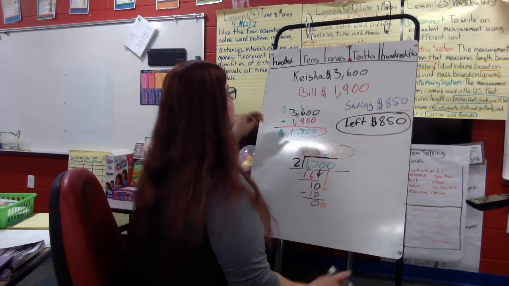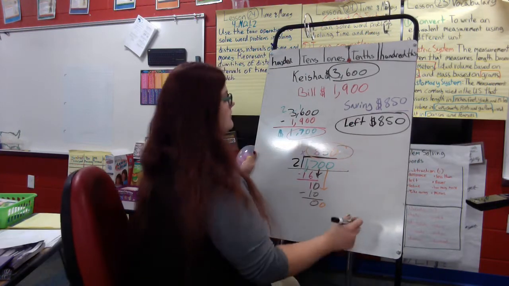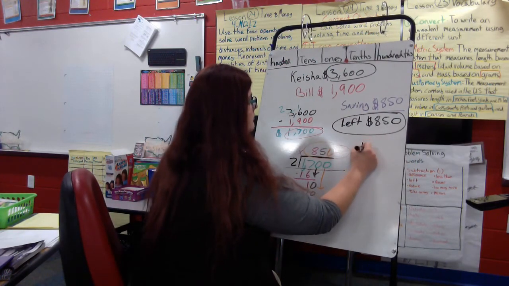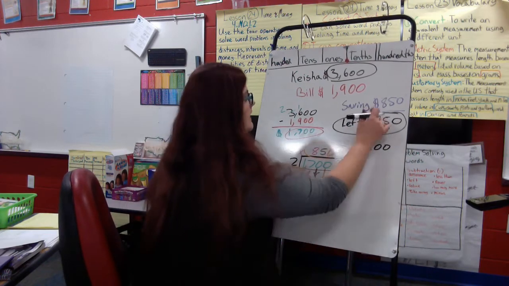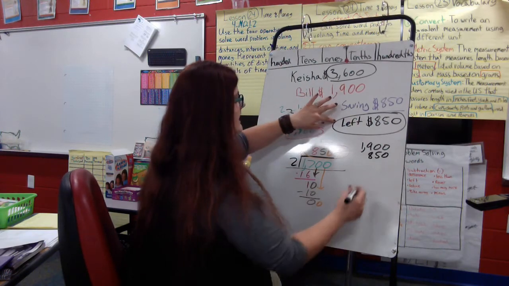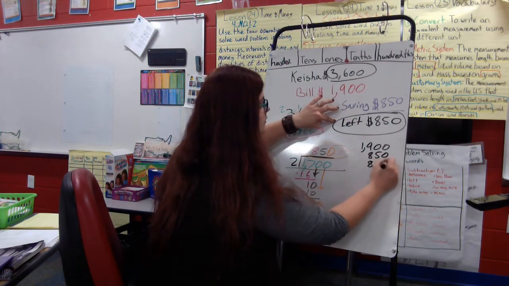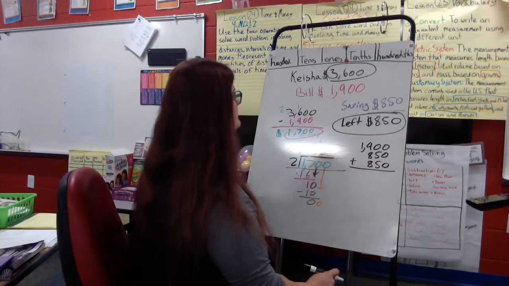If we added everything back in, we should end at the same number that we began with. So we want to add our bills back in, 1,900, and we want to add our $850 in savings and the $850 that we said we had left over. And we're going to add those back together, and we should come back to 3,600.